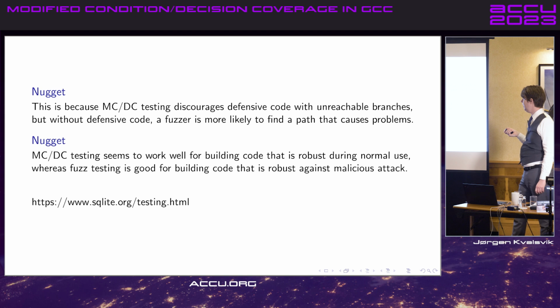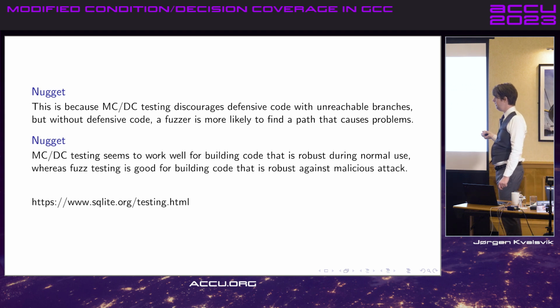And what they write on their page is that MCDC testing discourages defensive code with unreachable branches, because of course unreachable branches would not satisfy the requirements of MCDC. But with defensive code, a fuzzer is more likely to find a path that causes problems.